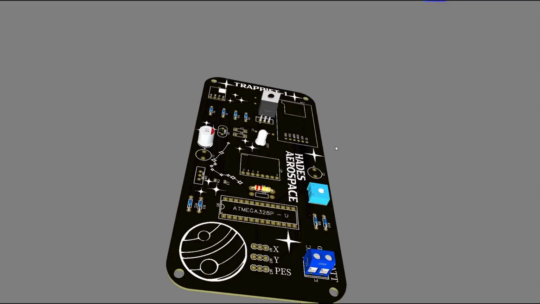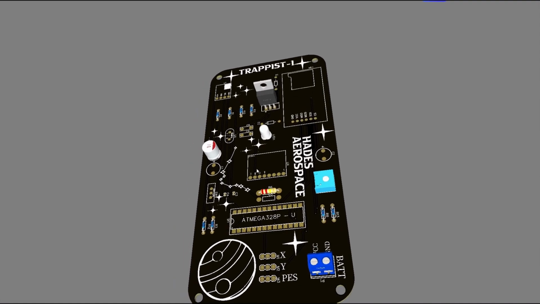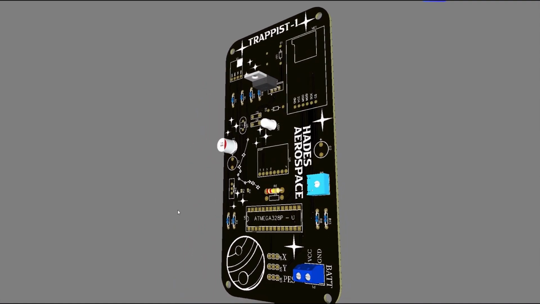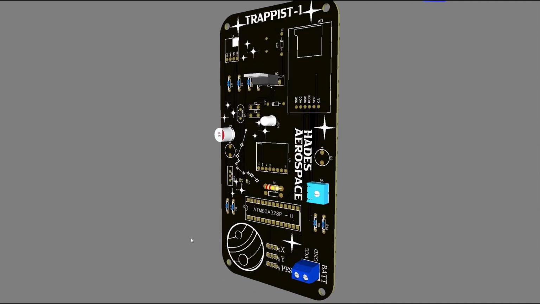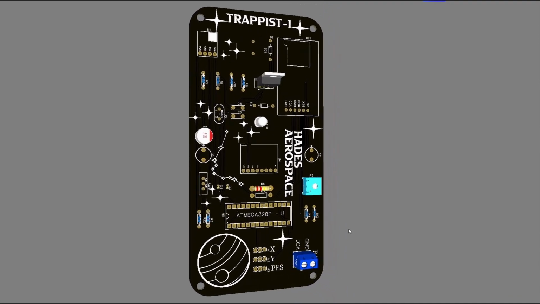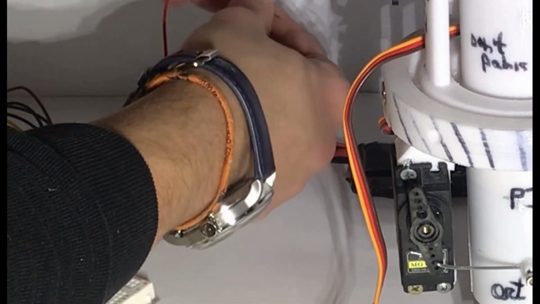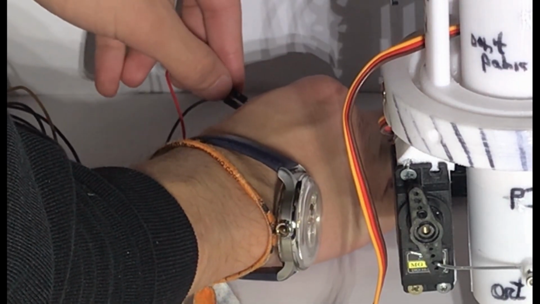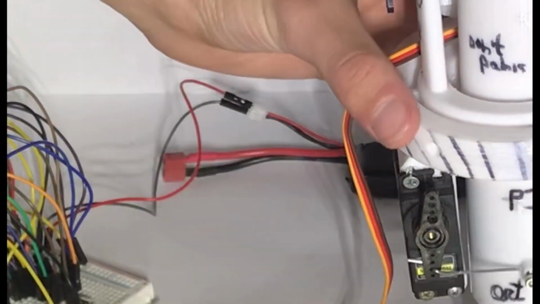The PCB is 1.6 mm thick and it is 150 by 75 mm in size and will be powered by a 7.5 volt 2500 mAh LiPo battery.